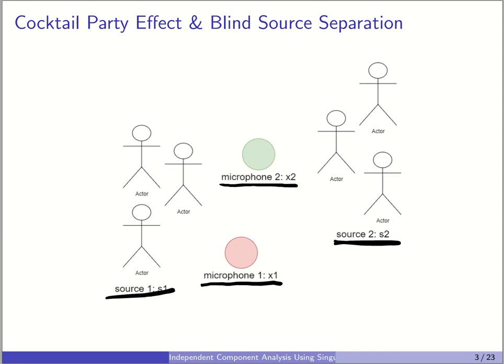ICA wants to find the independent components of these voices in order to separate these sources, for the sake of source separation, or blind source separation. It's a very hard task, because the voices are combined, and independent component analysis tries to separate these. Then, for example, you can play the voice of each group separately, and you can easily hear what they are talking about.